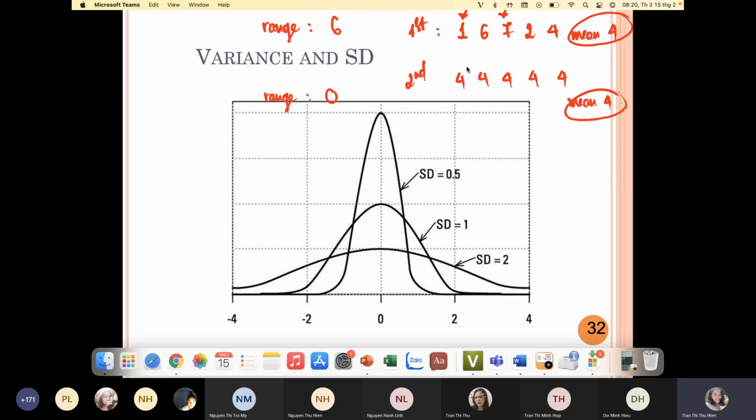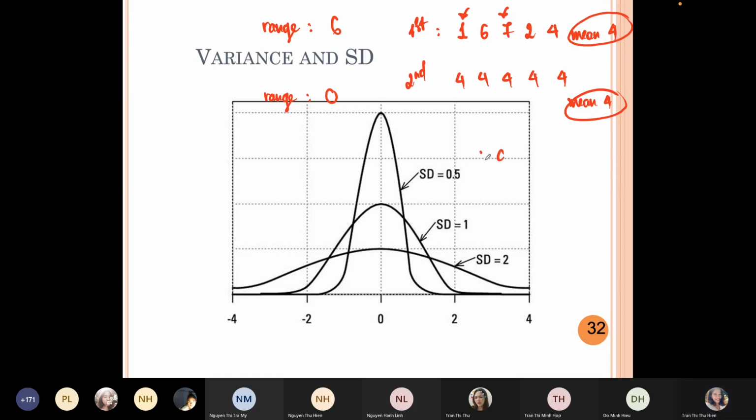To measure stability or dispersion, we use the variance or standard deviation. It measures the difference between the mean and each observation.